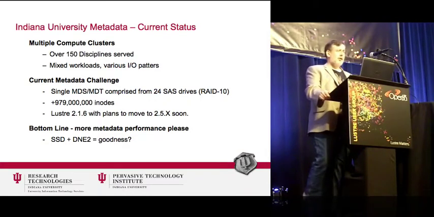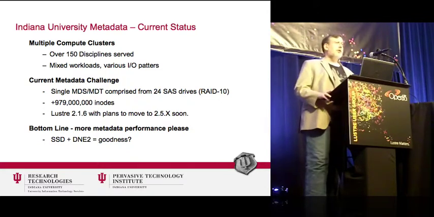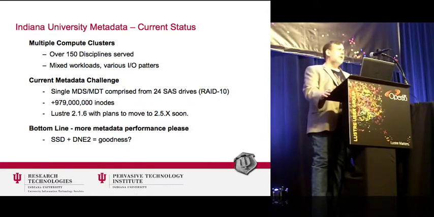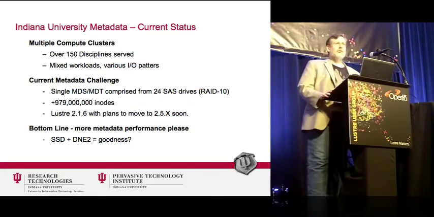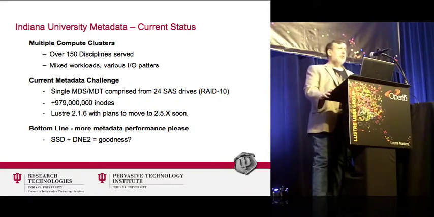So here's a story at IU. We support 150 plus disciplines, ranging from people doing lighting simulations, people doing textual analysis, computational chemistry, high energy physics. So we run the wide world of sports. Tons of different I/O patterns.